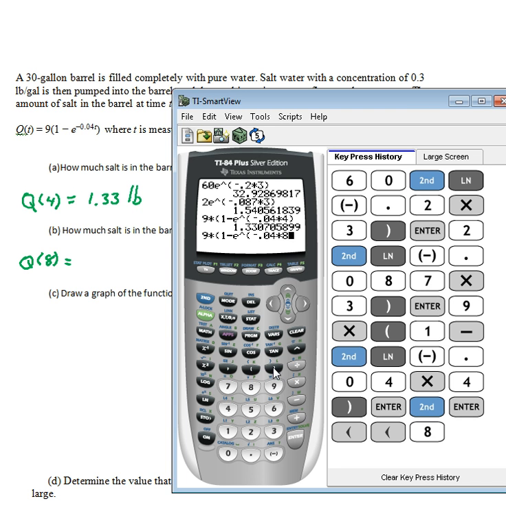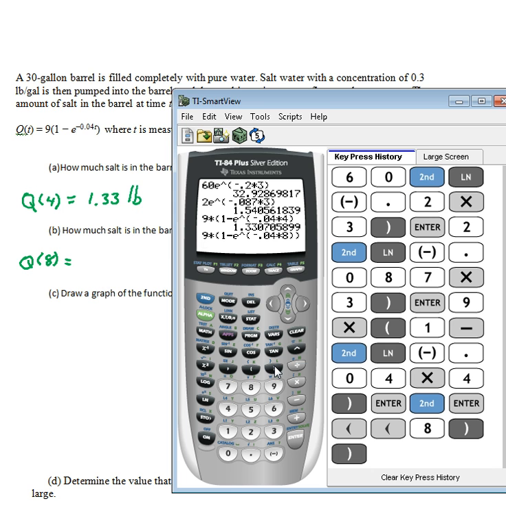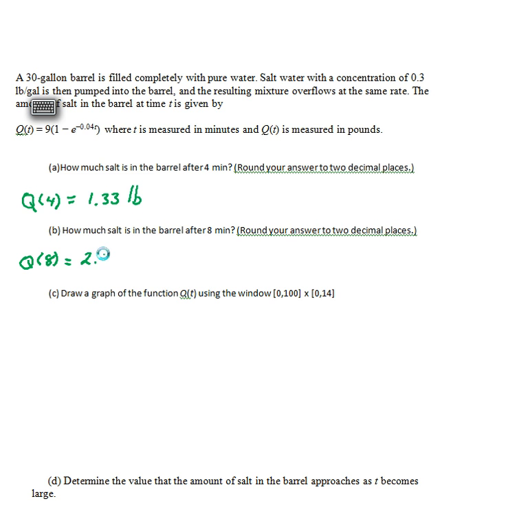And I noticed that I should have had 2 sets of parentheses at the end, one to close the exponent and one to close the multiplication. So when I hit enter this time, I get 2.46 pounds.